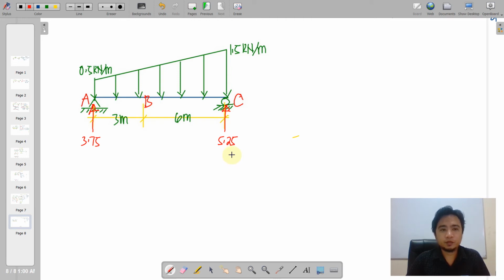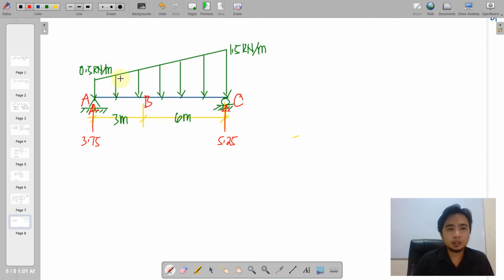So we will have a section from A to B or B to C. But if we notice, we have a common section for AB and BC because we have trapezoidal loading. So do not ever consider another section for AB and for BC. So it will have a common section here.